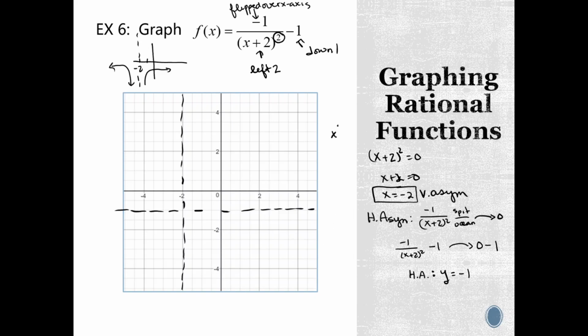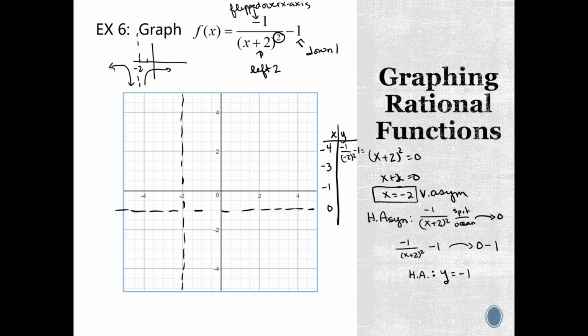Now we can just make a table of values to make sure we get it all in the right place. So because this vertical asymptote's at -2, I'm going to plug in -4, -3, and -1 and 0. Numbers near that asymptote will give me enough detail. Okay, so if I put in -4, I'm going to get -1 over (-2) squared minus 1.